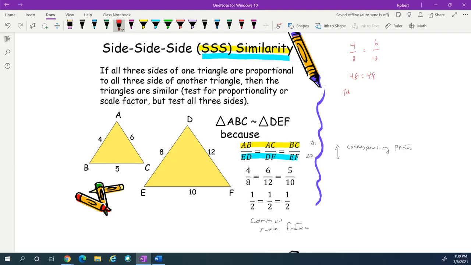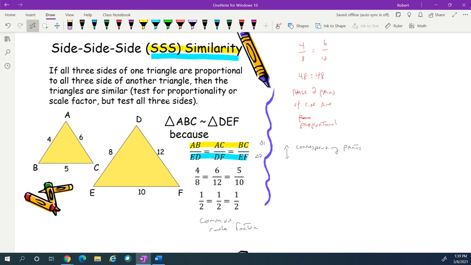So these two pairs of sides are proportional. Those two pairs of sides are proportional, but we need to test the third side.